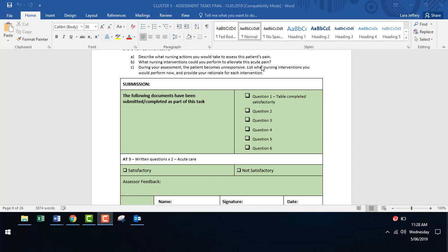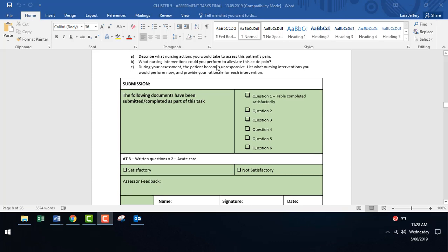So what you'd probably do, two different things here, okay? Something that's out of your control that you would need to activate. You know, maybe another member of staff to assist you. Who would that be? And then the other thing you would do is, so what are all the, this is asking for non-pharmacological interventions, essentially, okay?